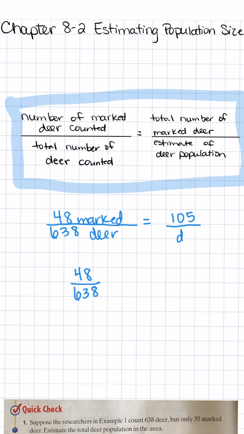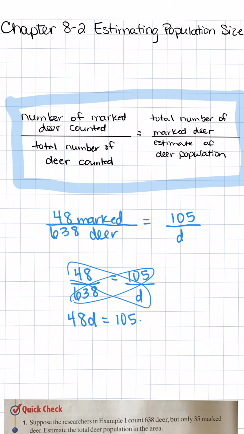48 over 638 equals 105 over, and you could put this on over x, over d, over whatever one you want. So we cross multiply. So when we cross multiply, we get 48d equals 105 times 638. When we multiply that together, we get 66,990.